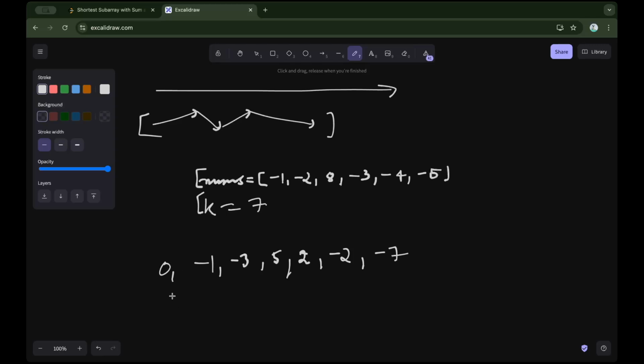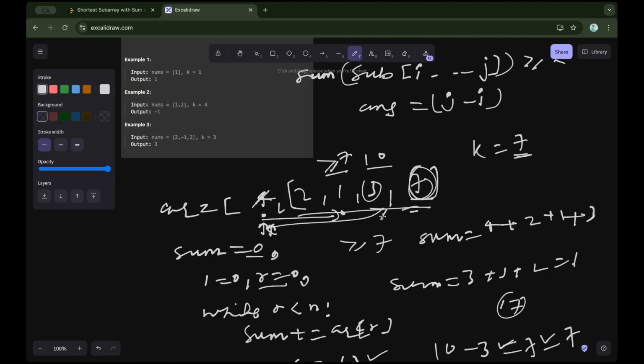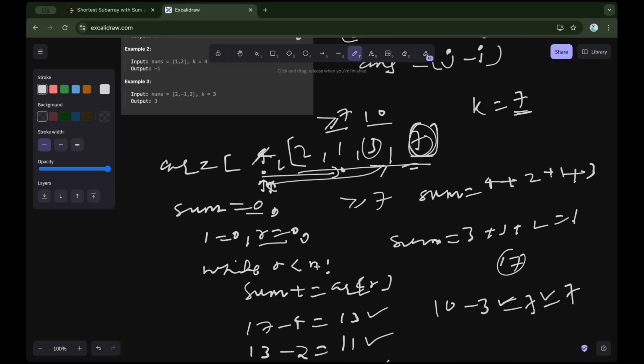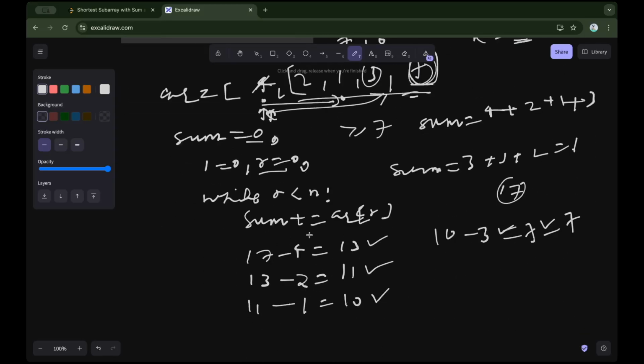So you can see it decreases, decreases, increases, decreases, decreases, and decreases. Here, if you're running two pointers, you won't be able to conclude whether to go forward or stop, or whether the answer lies in this bracket.